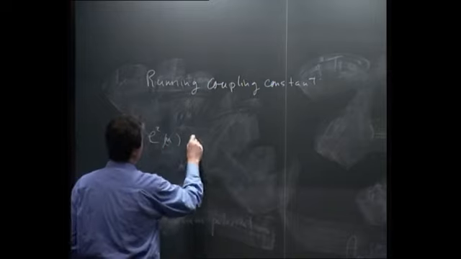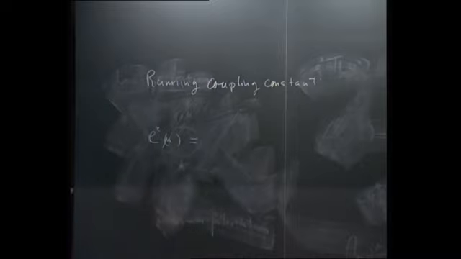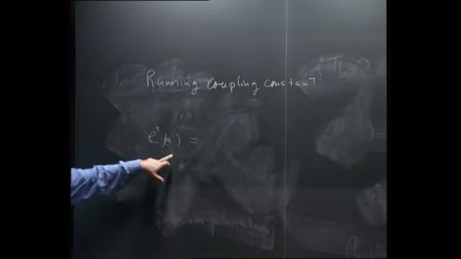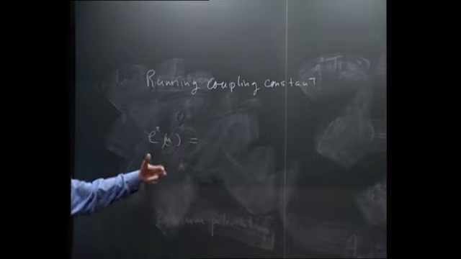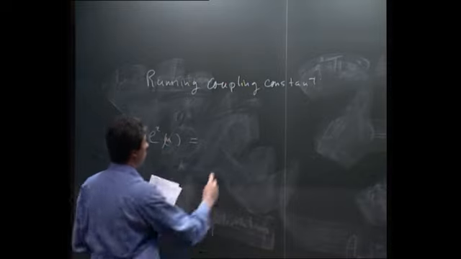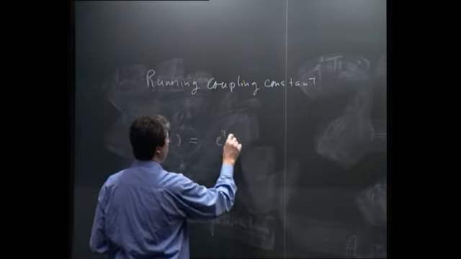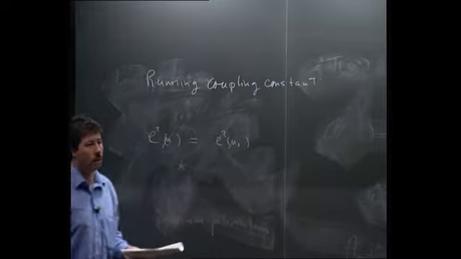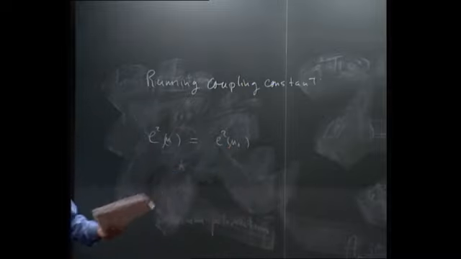Well, I'm going to write down the answer a little implicitly. I'm going to write it in terms of a relation between E of mu and some other scale, call it mu 0, where I could do my experiment. And this mu 0 could be even a few electron volts.